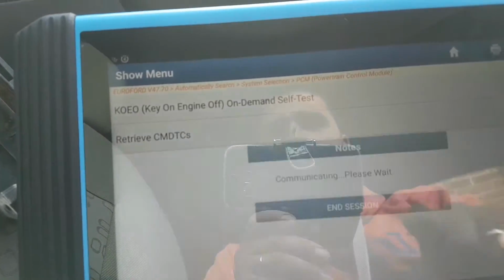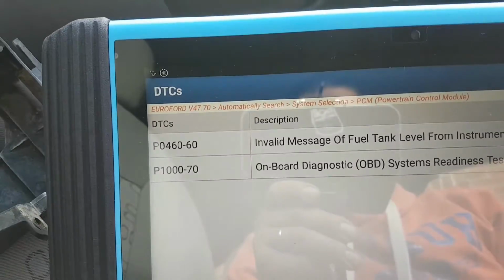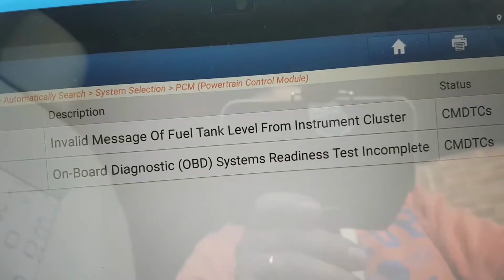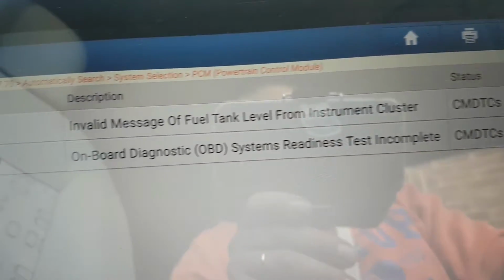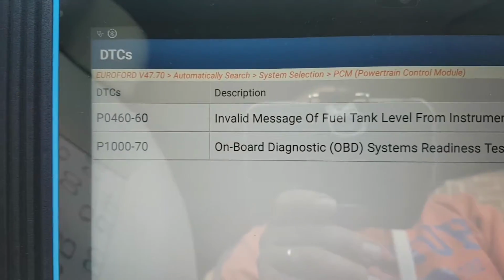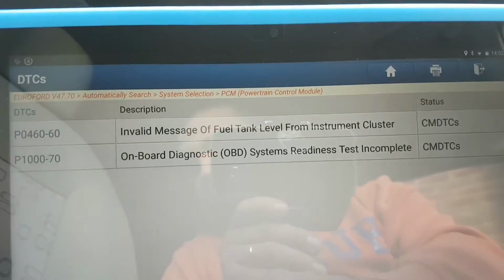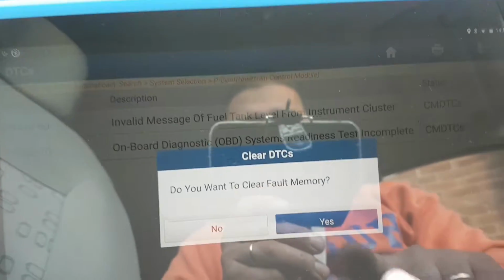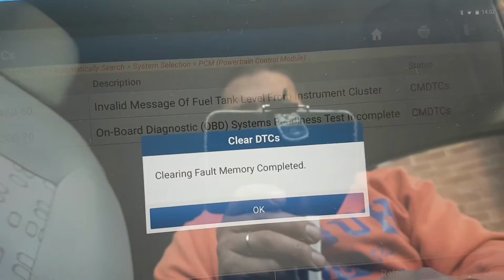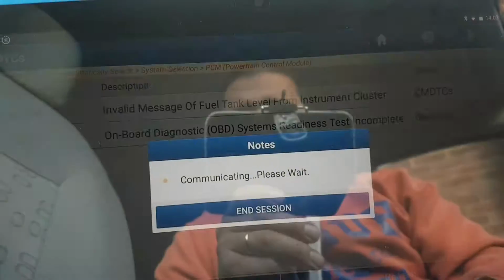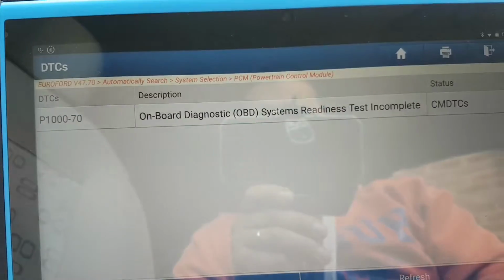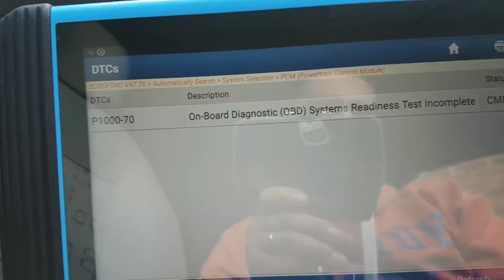And under engine, we have invalid message of fuel tank level, blah blah blah. Oh, that's it, nothing important really. We'll clear that. So just that one, not worried about that.